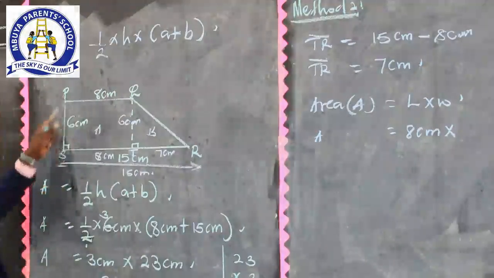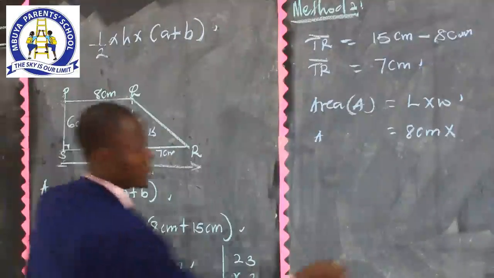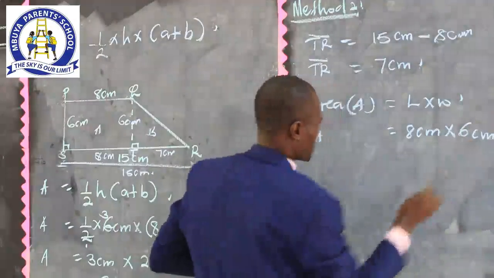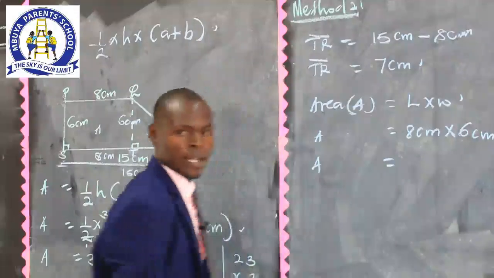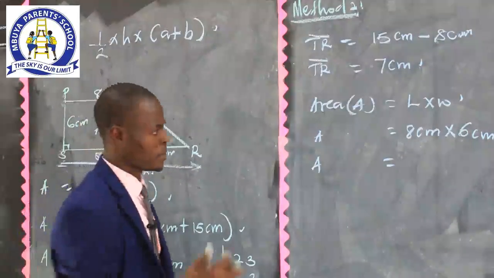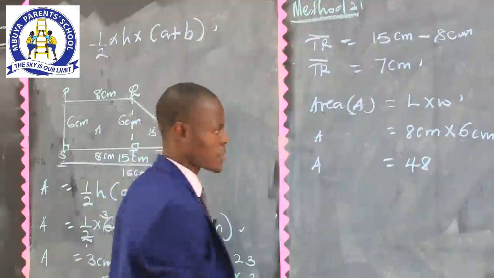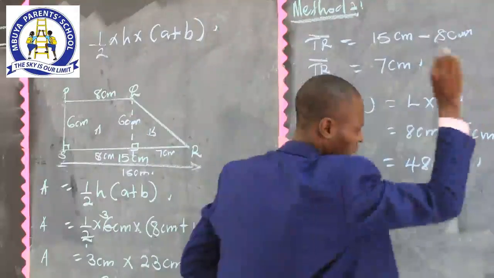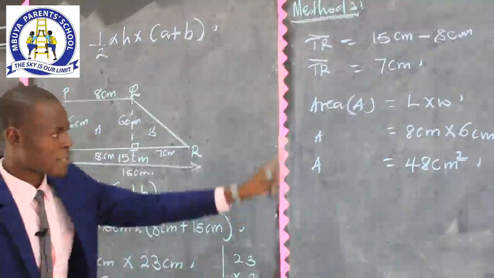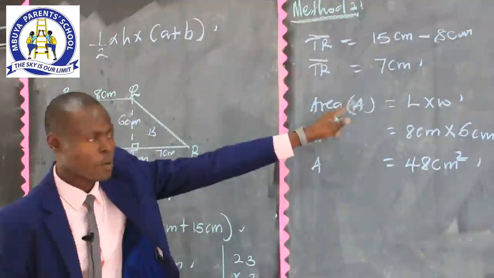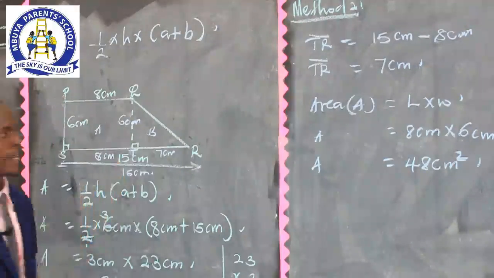What is our width? Perfect. 6 centimeters. Continue, class. 8 times 6. You are the best. That is 48. Do not forget the units. Square centimeters. Good. So that's for only A. We also need to get B and then get the sum.